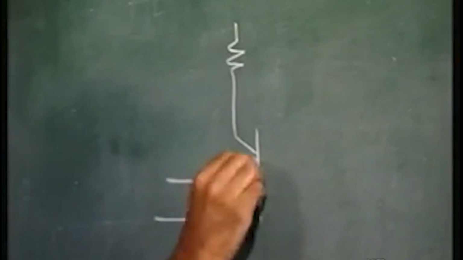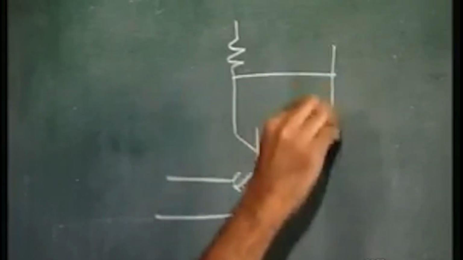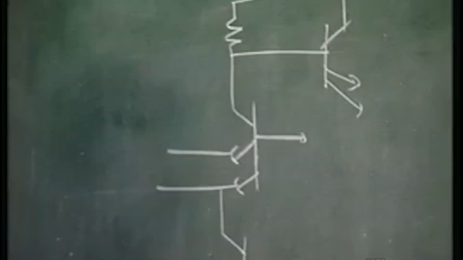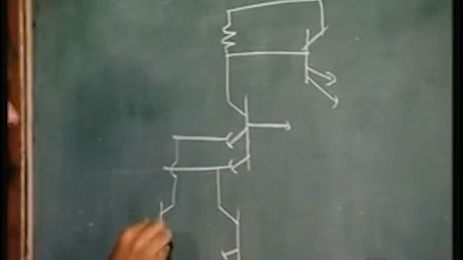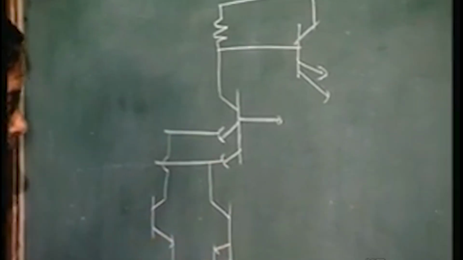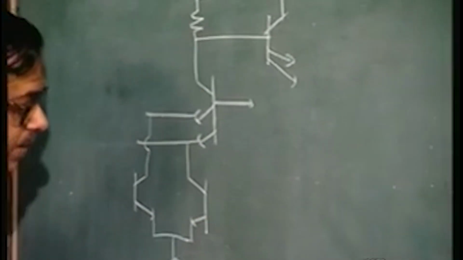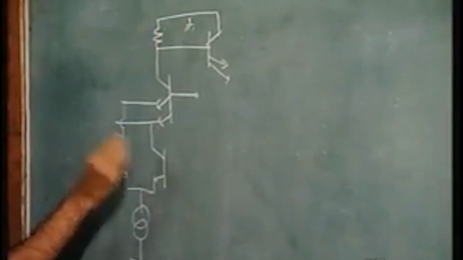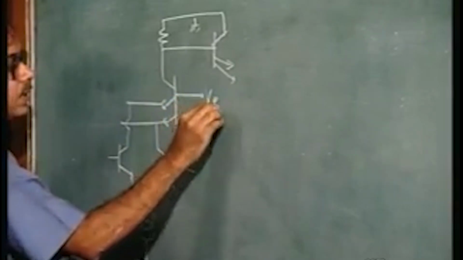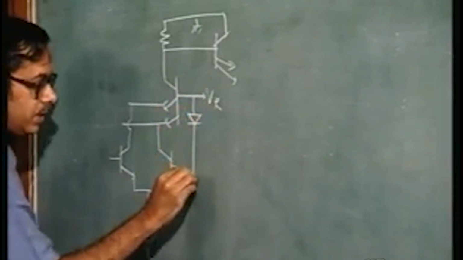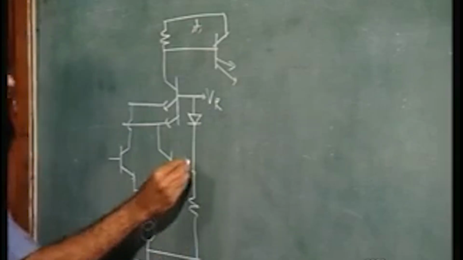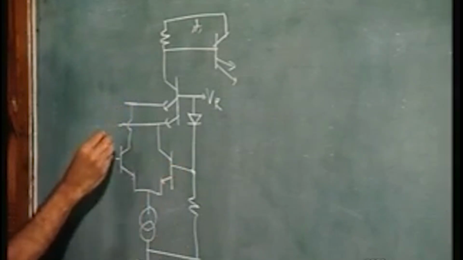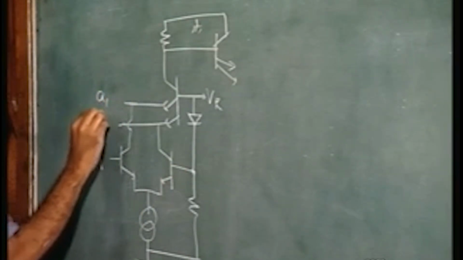You have a multi-emitter transistor, this is the output side, and then you have the emitter couple structure here, the current source, this is minus VEE, this is ground, and here this is VR. Then you have a level shifting arrangement, so this is VR minus V on, and you have the inputs, this is A, capital A, and this is small a1 and small a2.